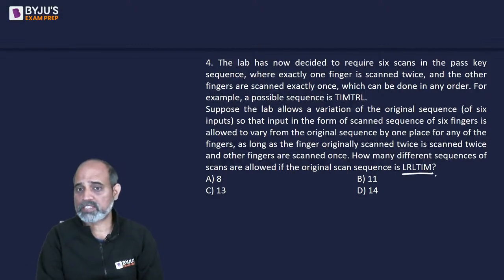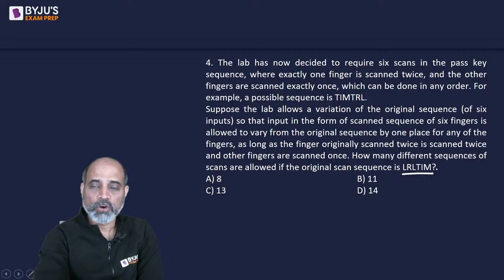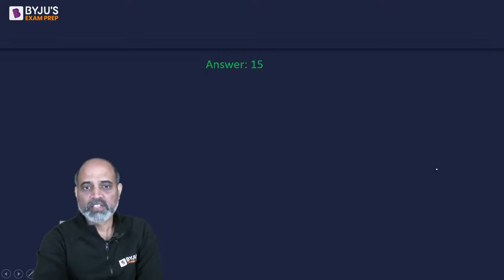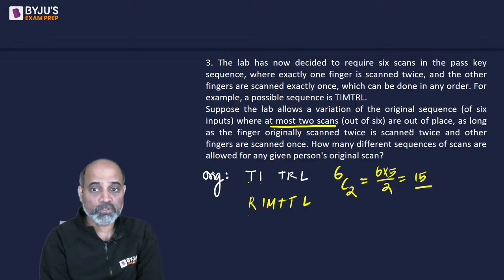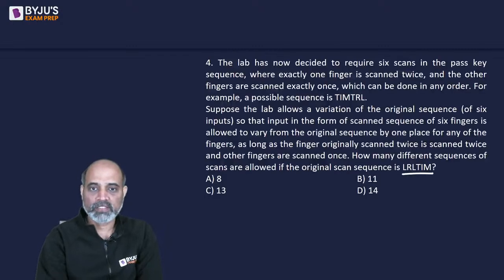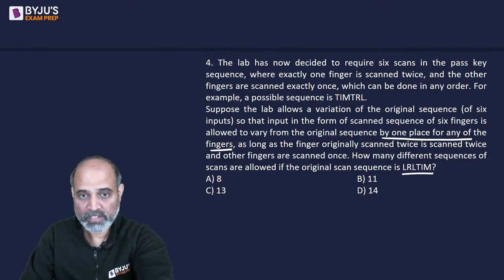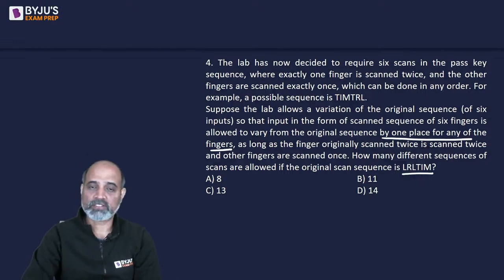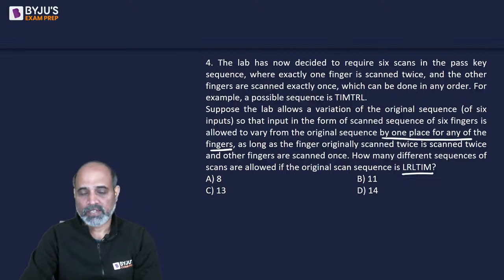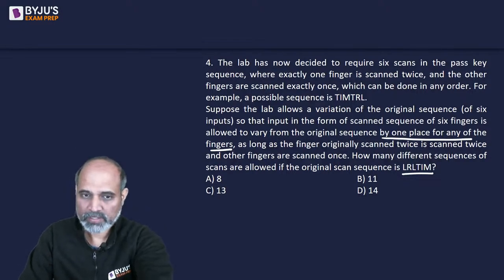They have given us an original scan sequence and a minute change, the minute change here being where at most 2 scans are out of place, right? Original sequence by 1 place for any of the fingers. In this case there is only one finger which should differ a little, right? Okay.